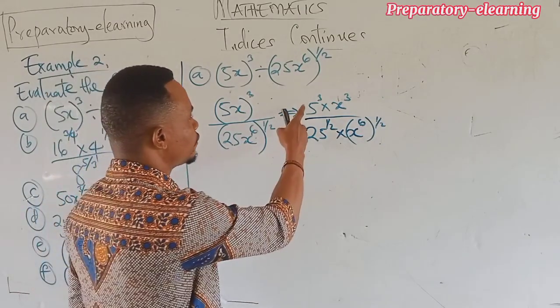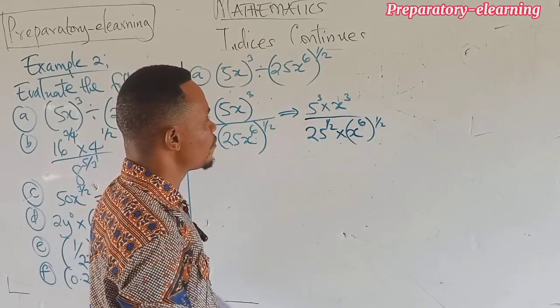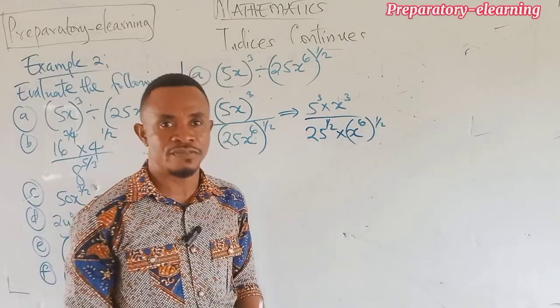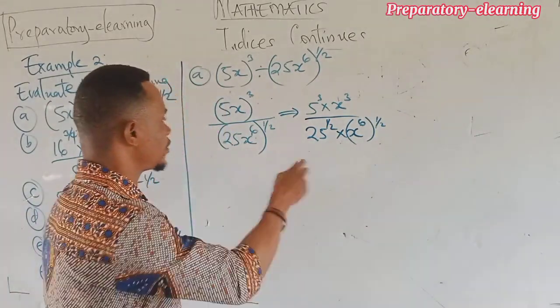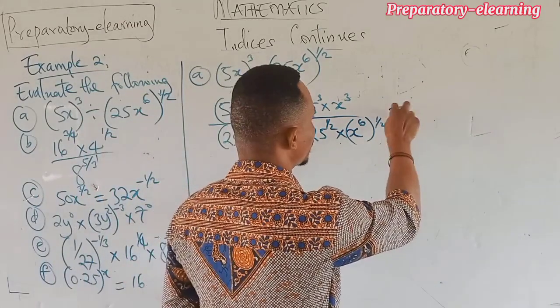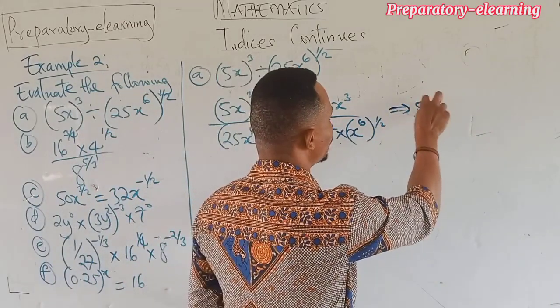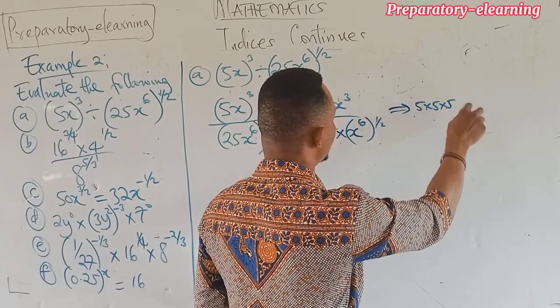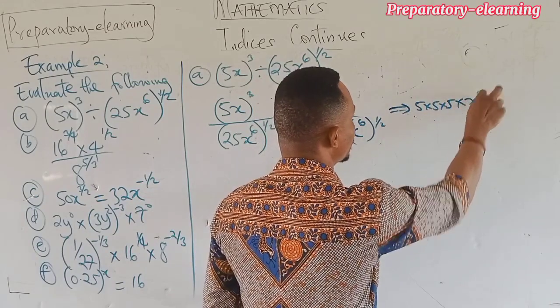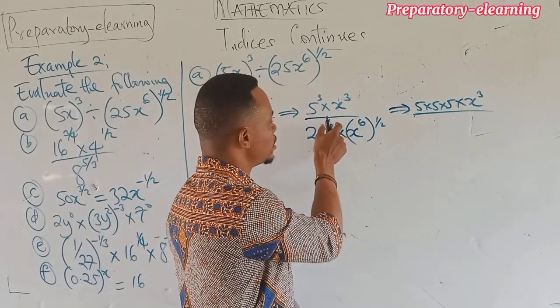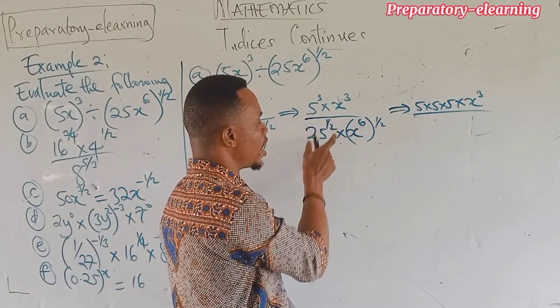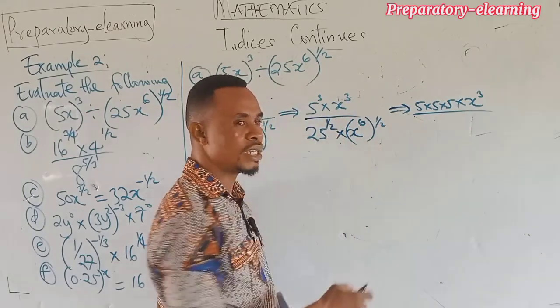What is 5 to the power 3? 5 to the power 3 is 5 times 5 times 5. Let's just continue here. We have 5 times 5 times 5 times x to the power 3 all over this. A power of 1 over 2 on 25 is like saying square root.